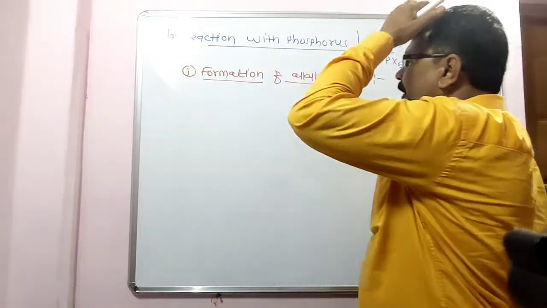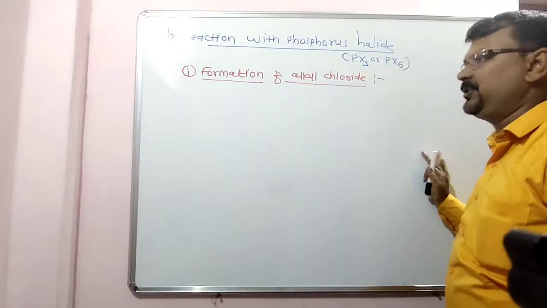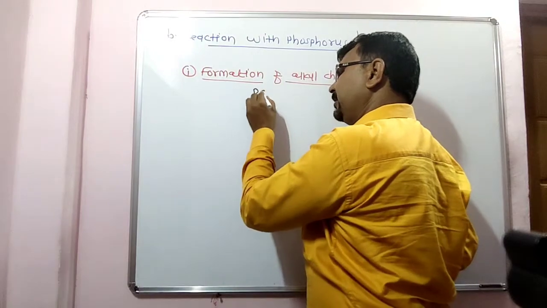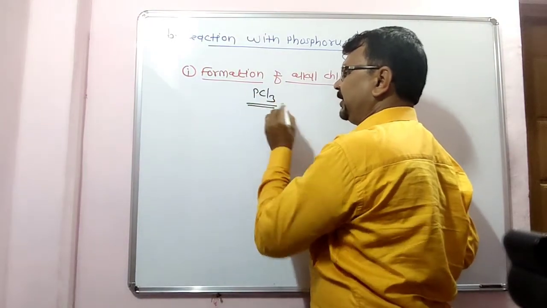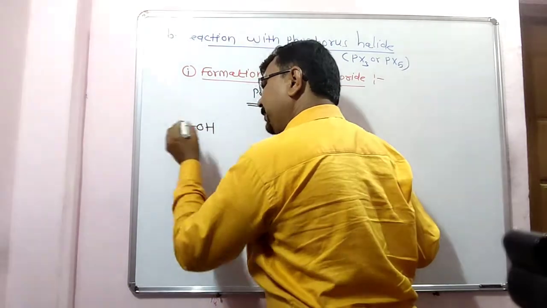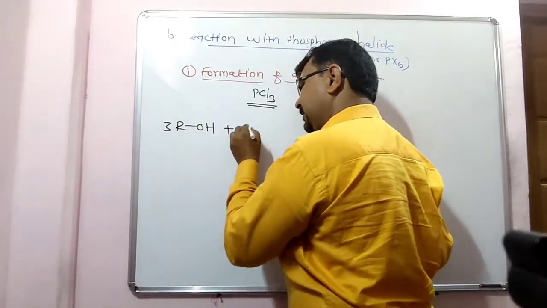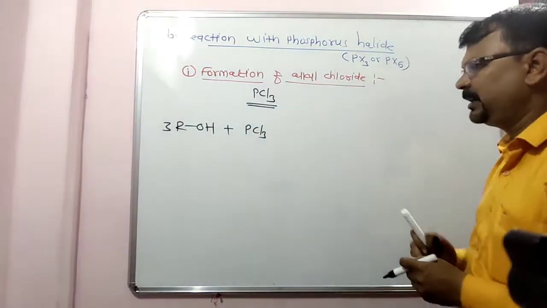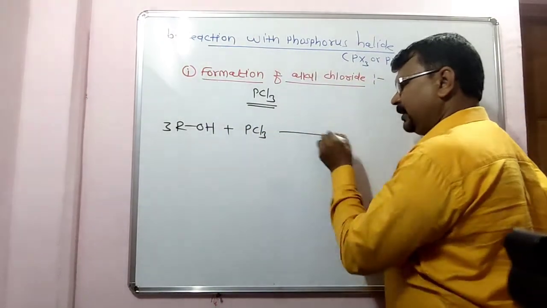First point, formation of alkyl chloride by using PCl3. The reaction is 3 moles of ROH plus phosphorus trichloride, heating.